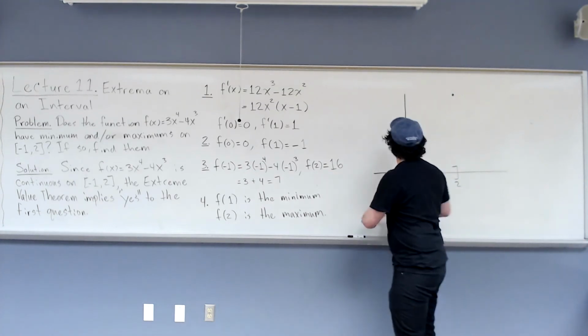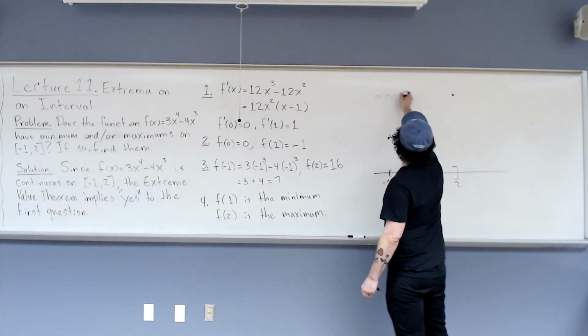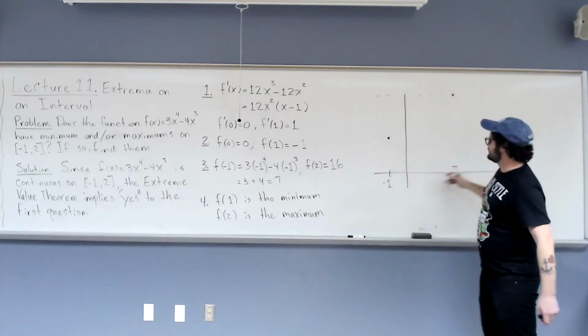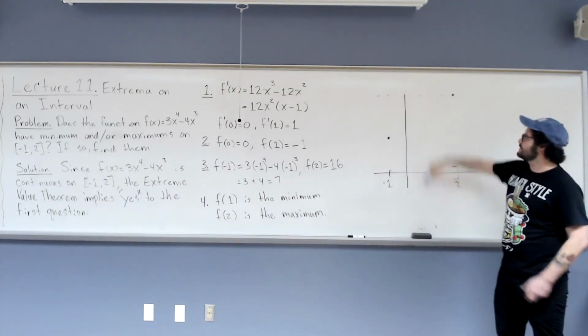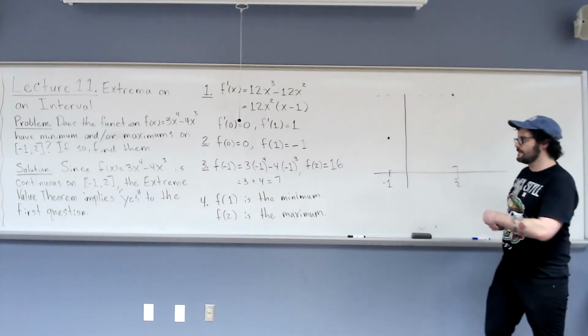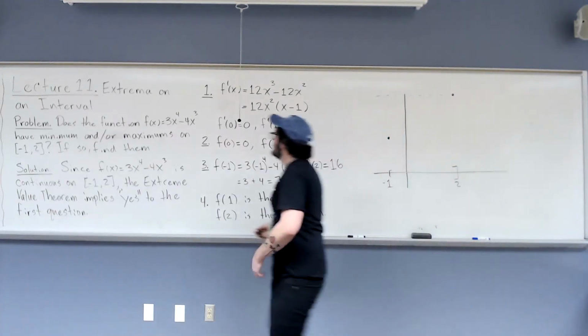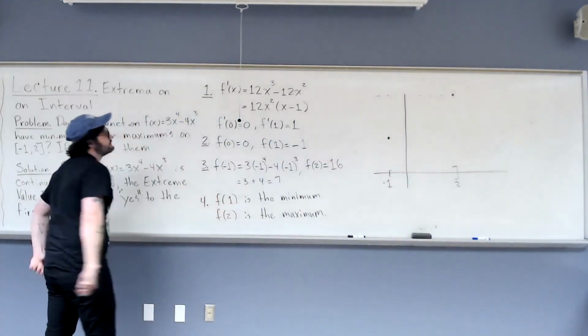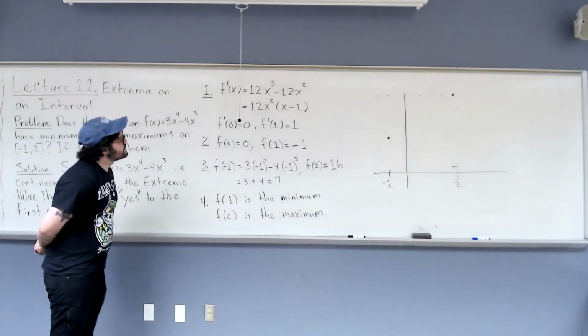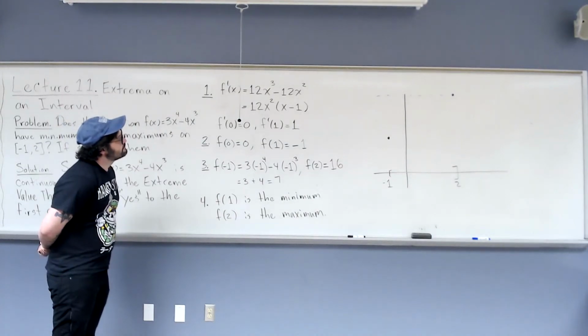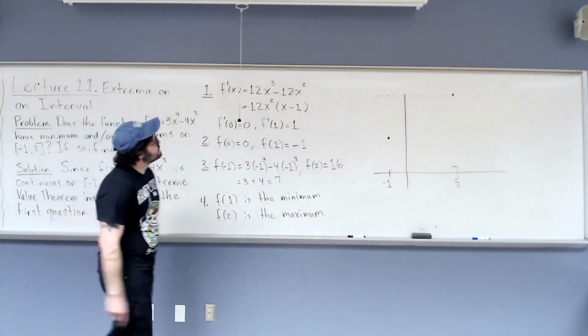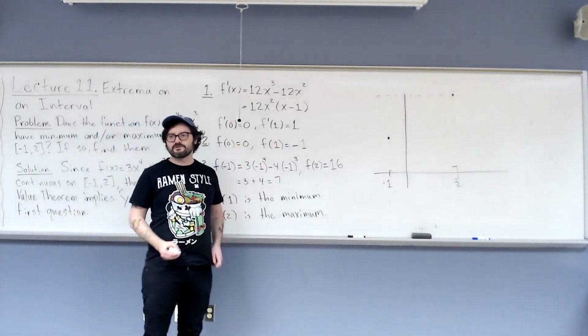So we know that the graph of this function is never going to go above that line on that interval, right? So then we also have these values where the derivative is equal to 0, right?